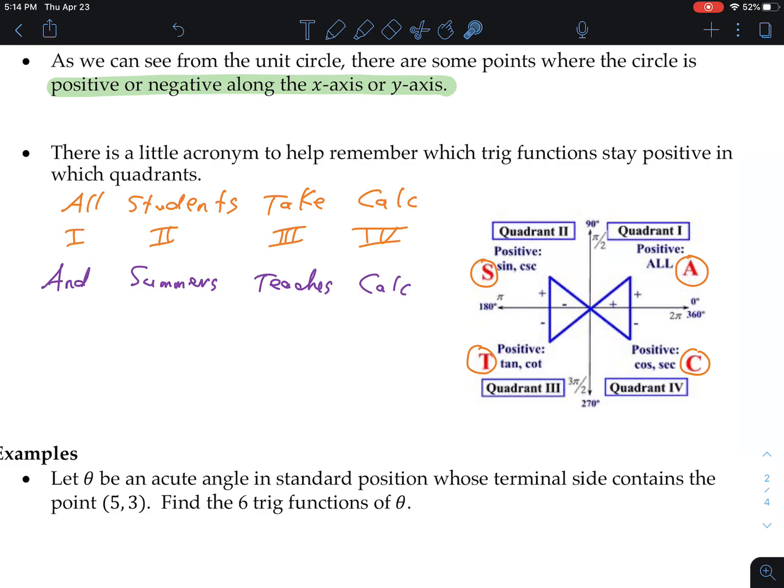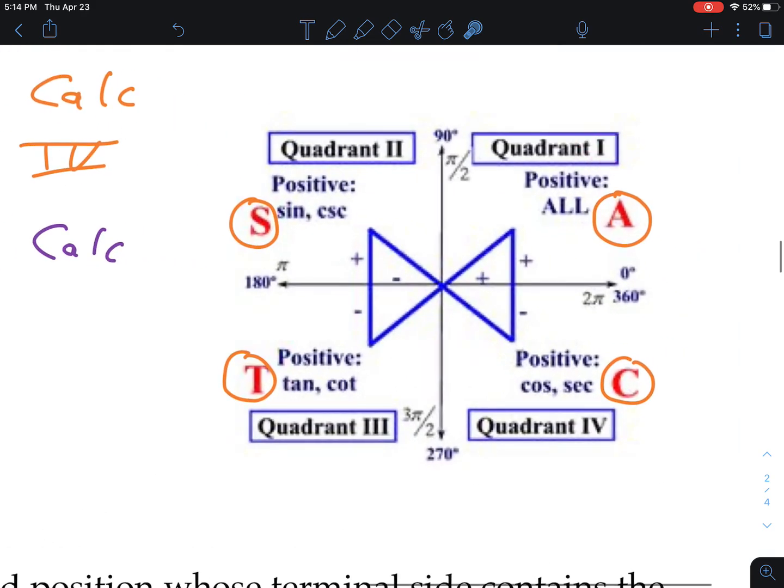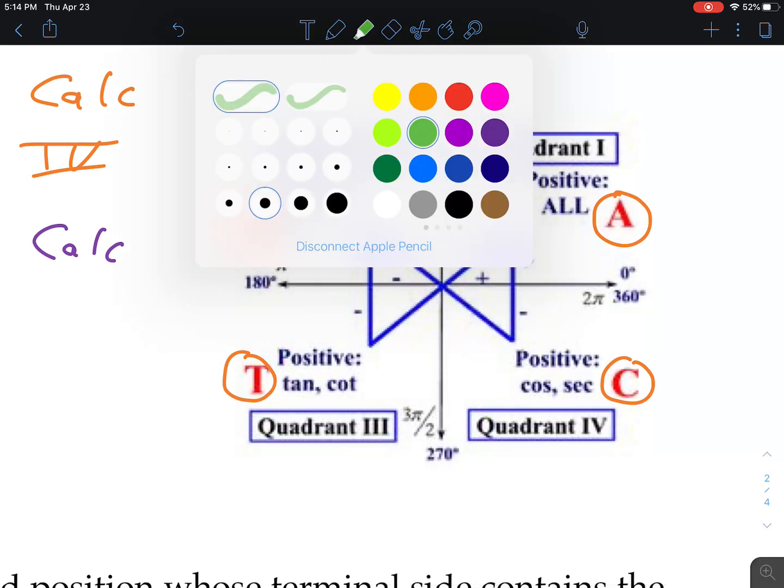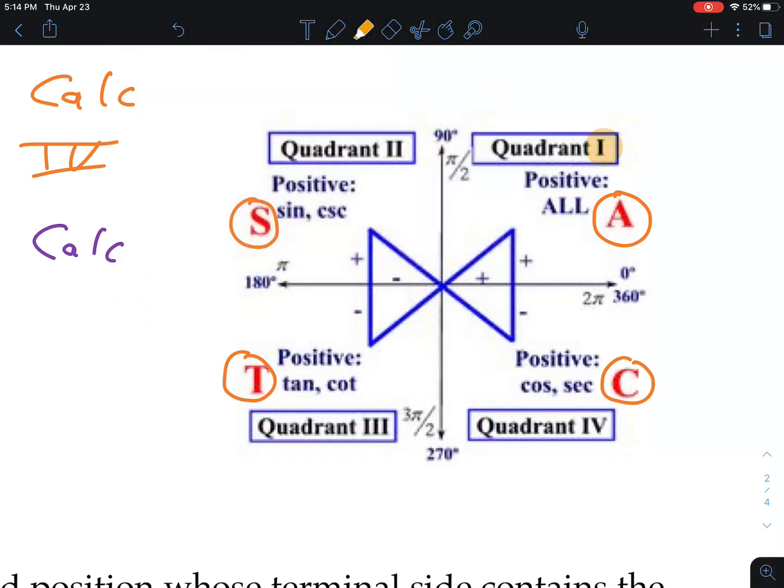But this is what we want to know: in quadrant 1, every trig function is positive. And why is that? Well, I'm going positive x, positive y. In quadrant 2, only the sine and its reciprocal are positive. Why is that?